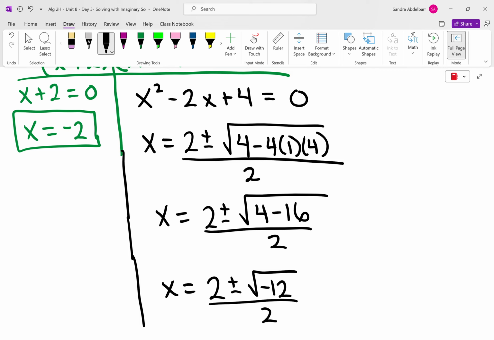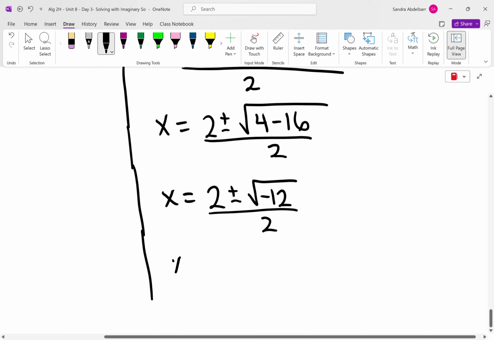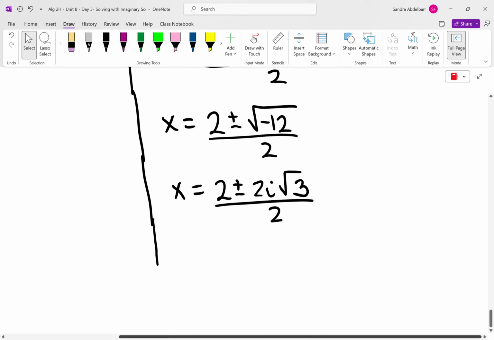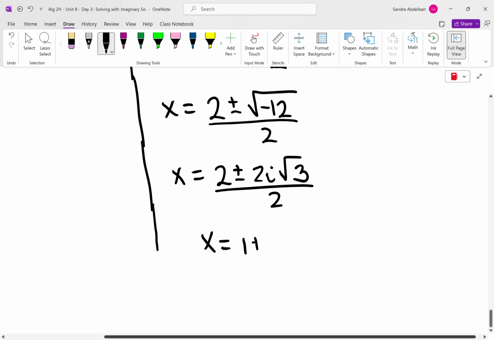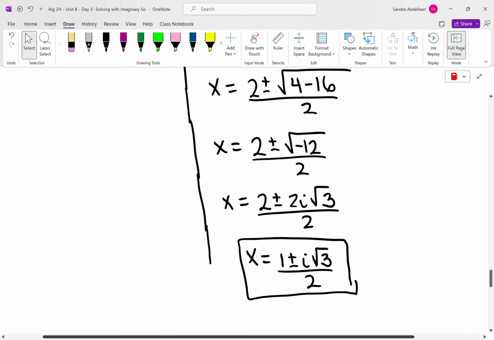So x is equal to 2 plus or minus the root of negative 12 over 2. Can I simplify the root of negative 12? Absolutely. x will equal 2 plus or minus 2i root 3 all over 2. Simplify it, and we get x is equal to 1 plus or minus i root 3.